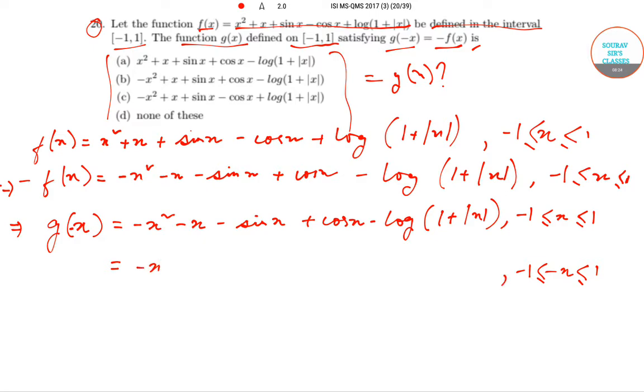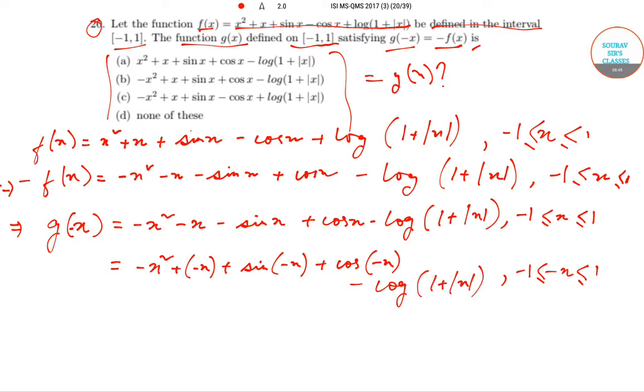So this will be equal to minus of x square, minus of x we can write as plus of x, sin of minus x we can write as minus of sin x, and cos of minus x is equal to cos x, minus log of 1 plus, if x lies between -1 and 1 and minus x also lies between -1 and 1, in that case mod of x will always lie between 0 to 1.